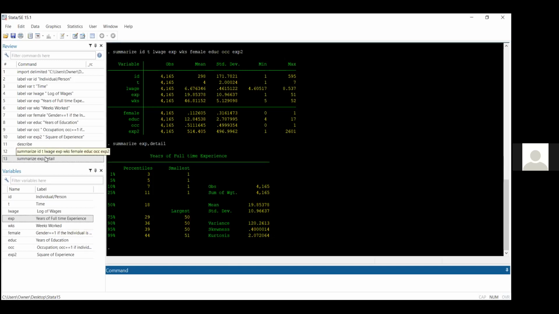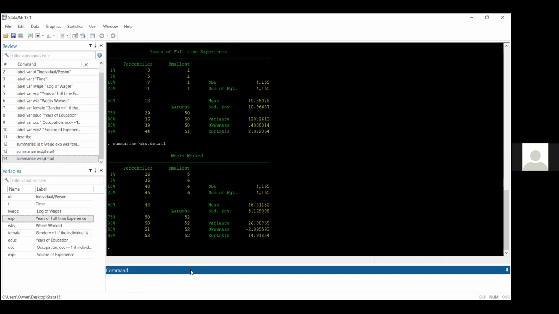You can also do the same thing and change the variable to another variable which you want to see. I'll check weeks worked for this particular sample. So you go through each and every variable. For skewness here, it is negative, which means it is a long left tail, which means for weeks worked there are more lower values below the sample average for this particular data set.